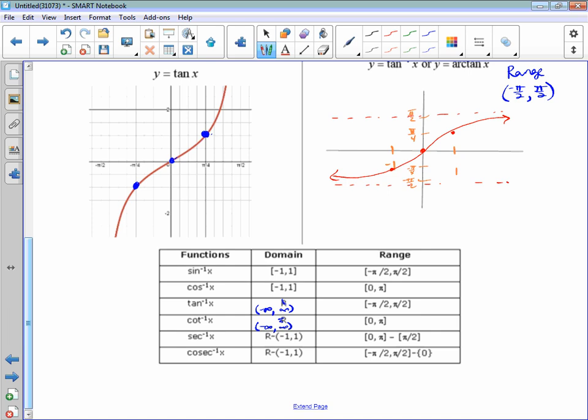So really they should be, I mean you include it in the sense that you can evaluate the inverse tangent when we're looking at pi over 2, but it is undefined, okay? Same thing with cotangent here, so these are going to be parentheses.